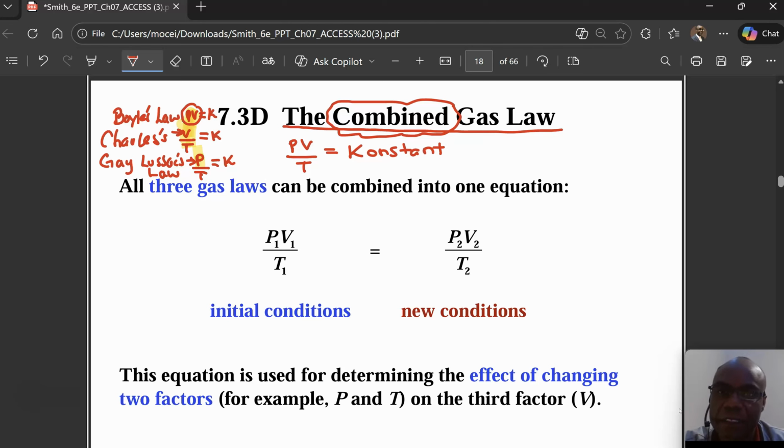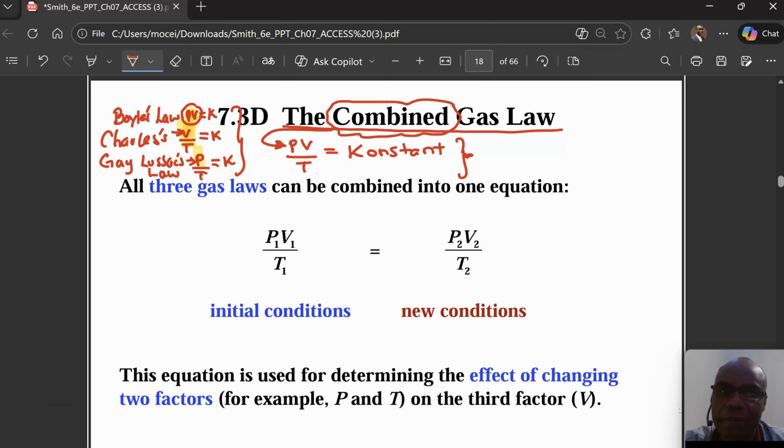If that is a constant, because we know PV by itself is a constant, V over T itself is a constant, and P over T, Gay-Lussac's law, is also a constant, we can combine them to give us that constant.